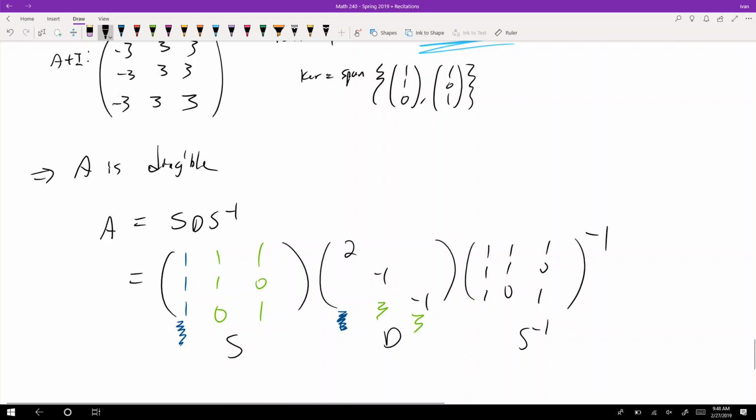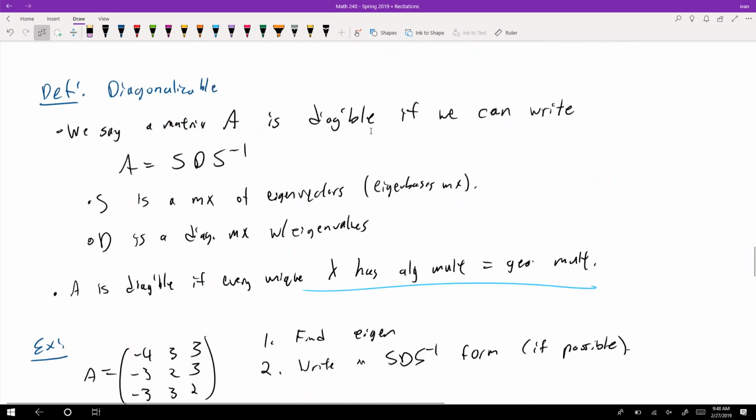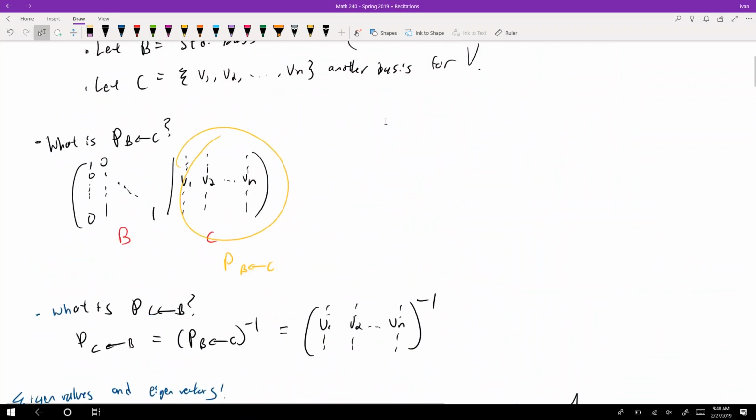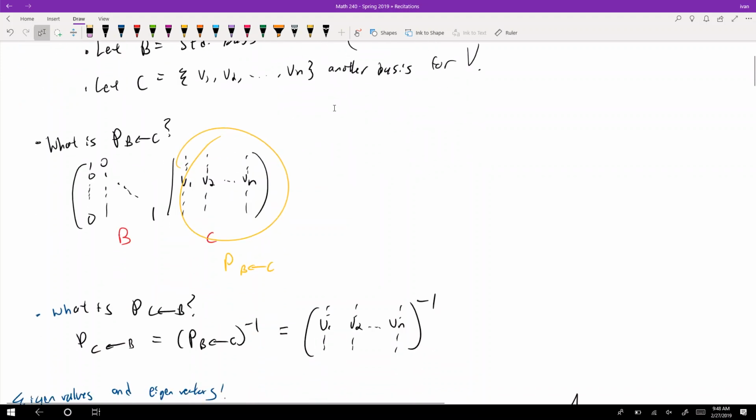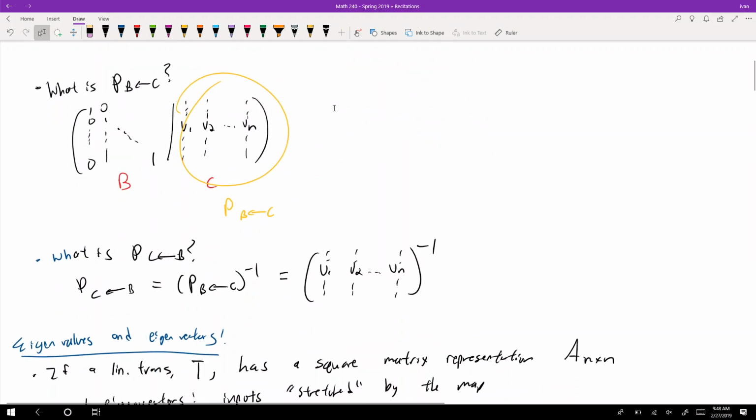Okay, so for those who walked in late, you missed the beginning. But what we talked about is a certain change of basis matrix, right? Where if B is the standard basis and C is some other basis, we can find P_CB and we can find P_BC, right?